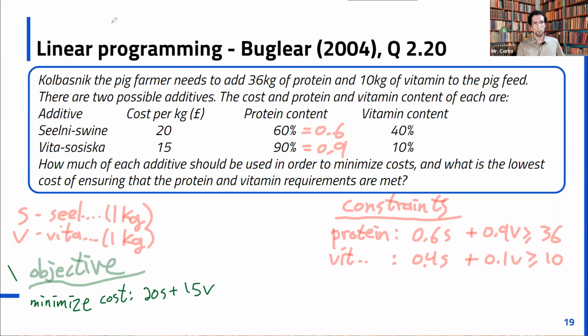So just making sure our units all line up here. So 36 1 kilogram units, and also our cost is in terms of per 1 kilogram unit. So that all works out with the variables.